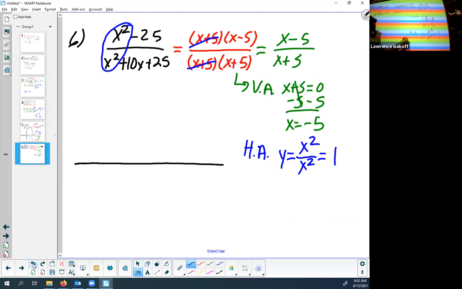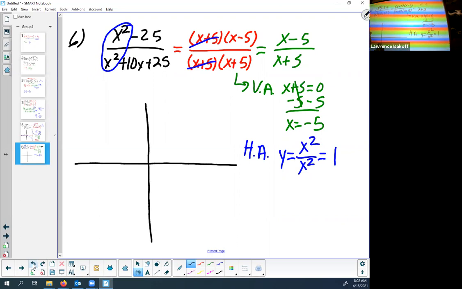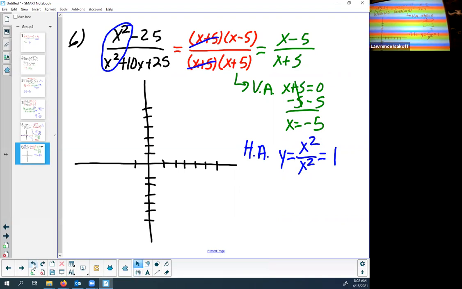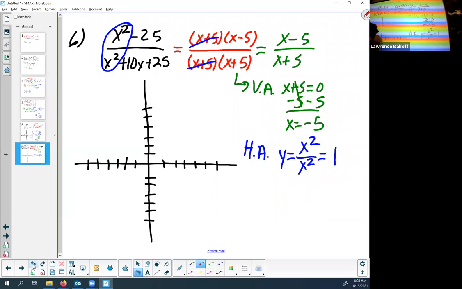So here with this, x equals -5. I had a vertical asymptote.